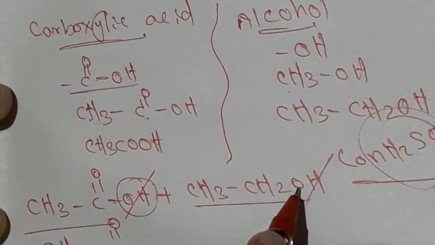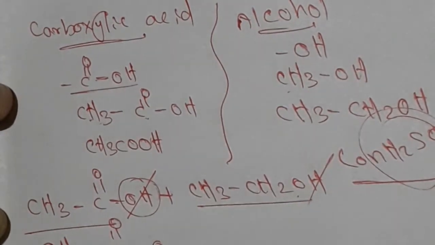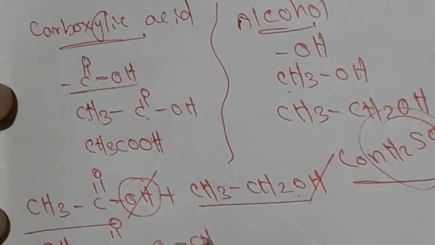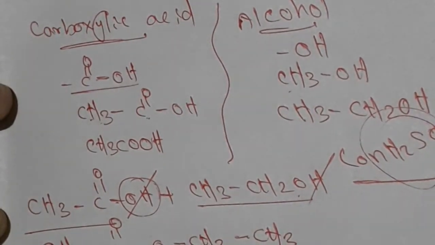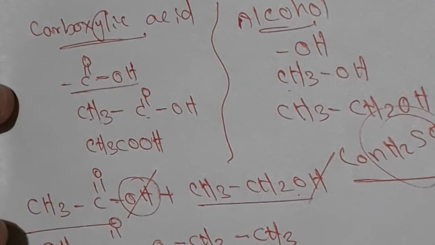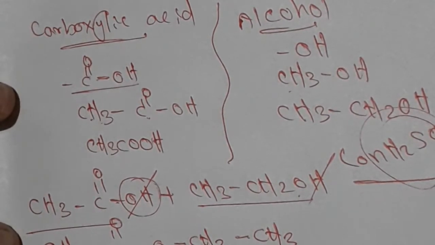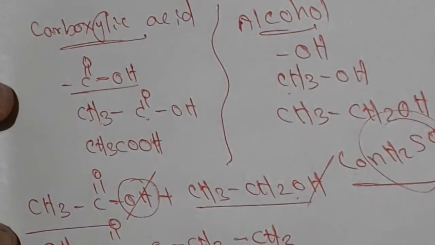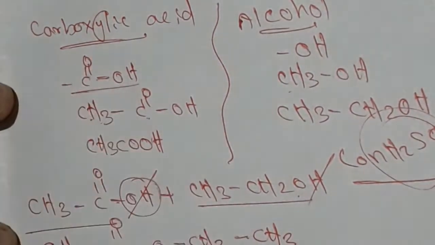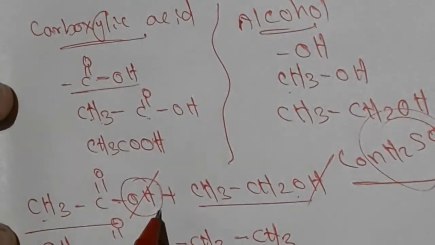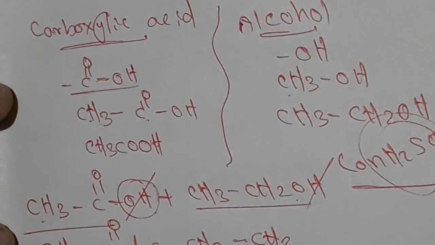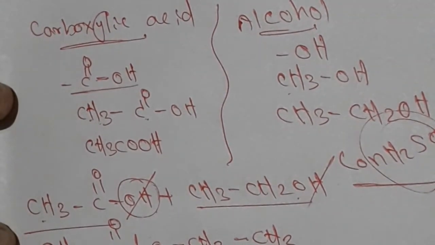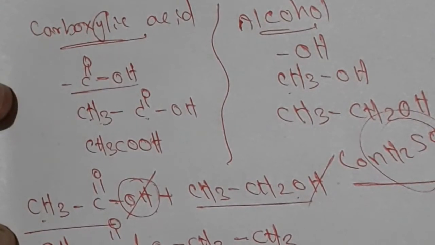Then we have to join this part, oxygen, CH2, CH3. This type of compound is called ester. So in this ester, this part came from carboxylic acid and this part came from alcohol. Okay.